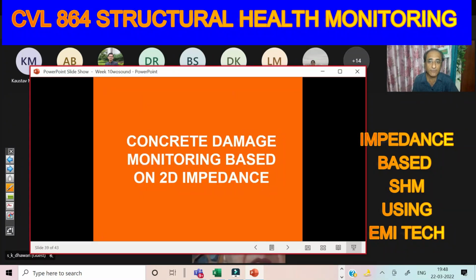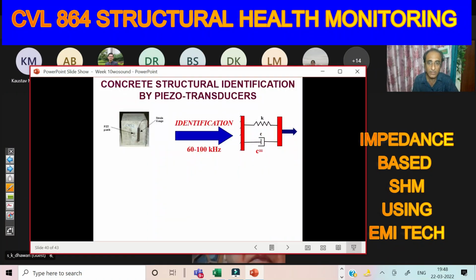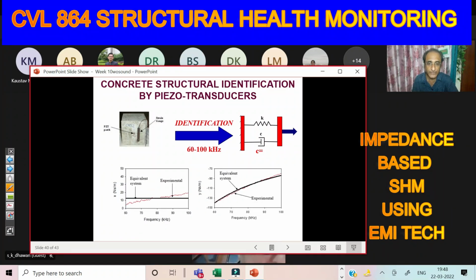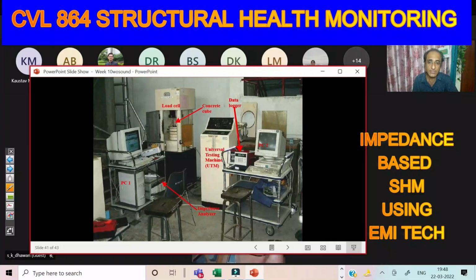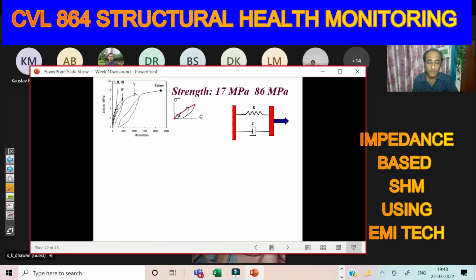And similarly, for concrete damage monitoring also we have used this. For concrete also the system identified is the same, and we could find out the stiffness parameters. Once the concrete cube was subjected to loading, in concrete we measure the stiffness as the secant modulus.